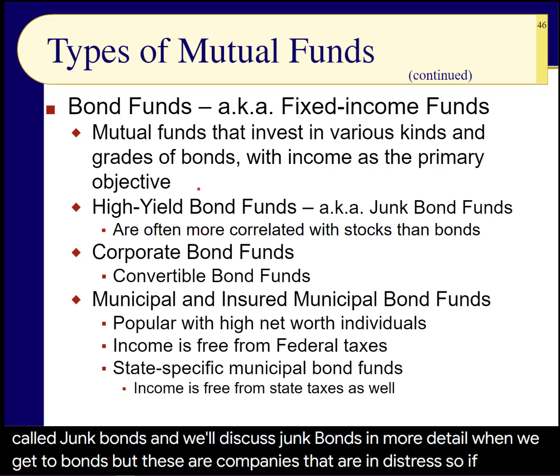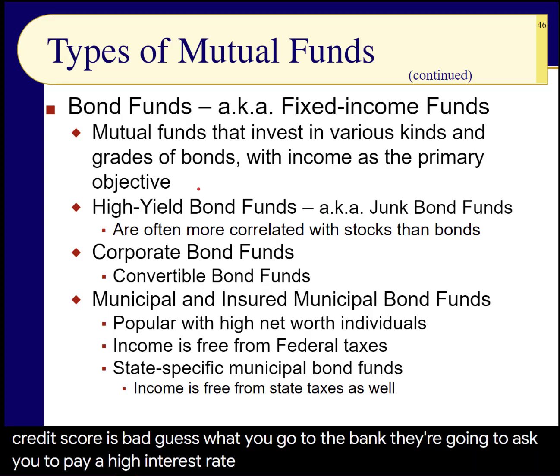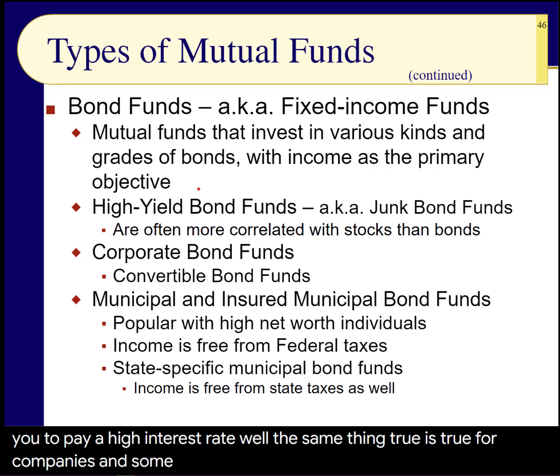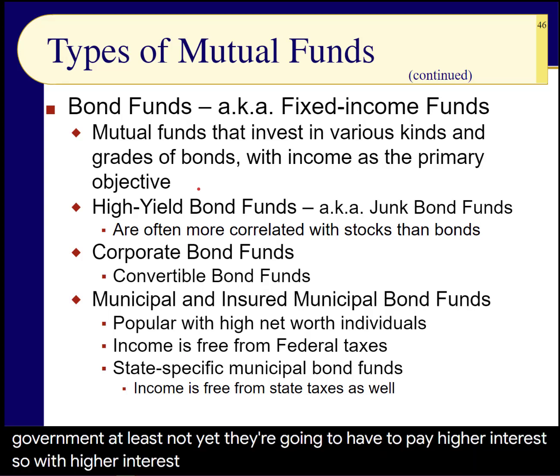So if your credit score is bad, guess what? You go to the bank, they're going to ask you to pay a high interest rate. Well, the same thing is true for companies and some municipalities, but not the federal government, at least not yet. They're going to have to pay higher interest. So with higher interest, higher return, you get higher risk.